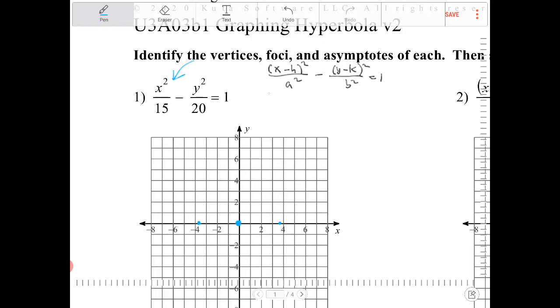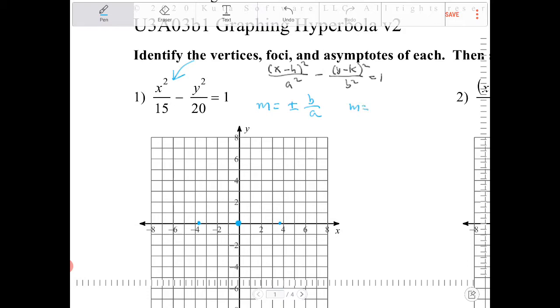The asymptotes will have a slope of m equal to plus or minus b over a. So whatever the a and b values are, the slopes of the asymptotes will be of that ratio. Looking at this right now, a is equal to square root of 15, and b is equal to square root of 20.